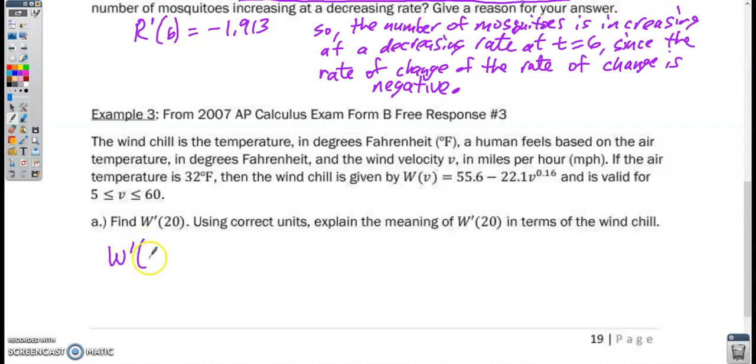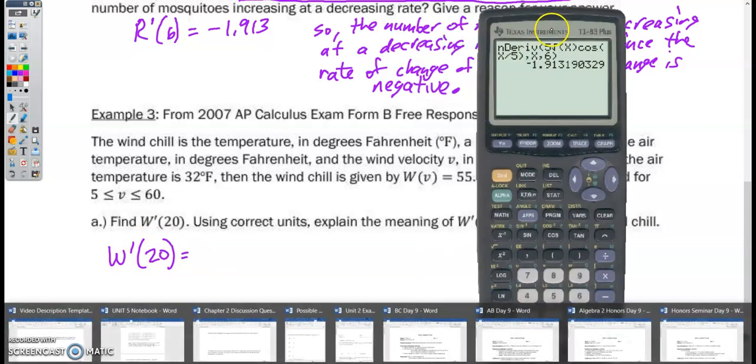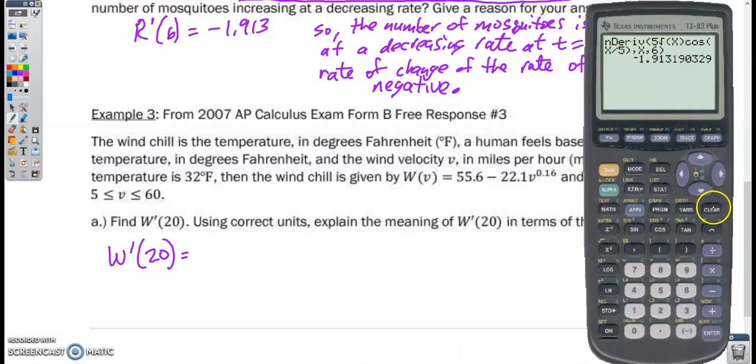Okay, so again, this is a calculator active problem. So I'm going to go ahead and use my numerical derivative again. So I'm going to go to Math 8 and punch in my function, 55.6 minus 22.1 x to the 0.16 with respect to x at 20.